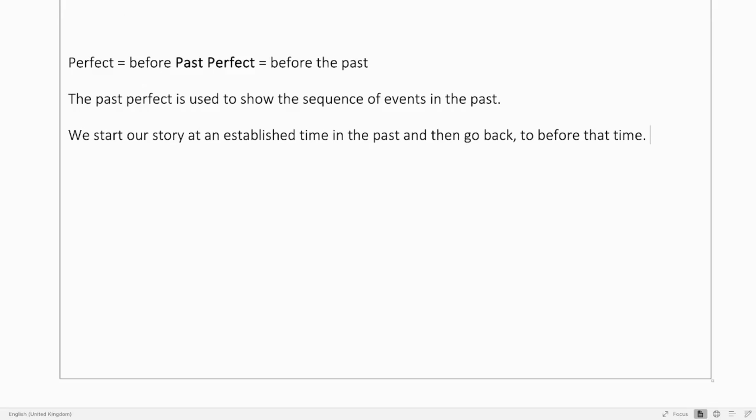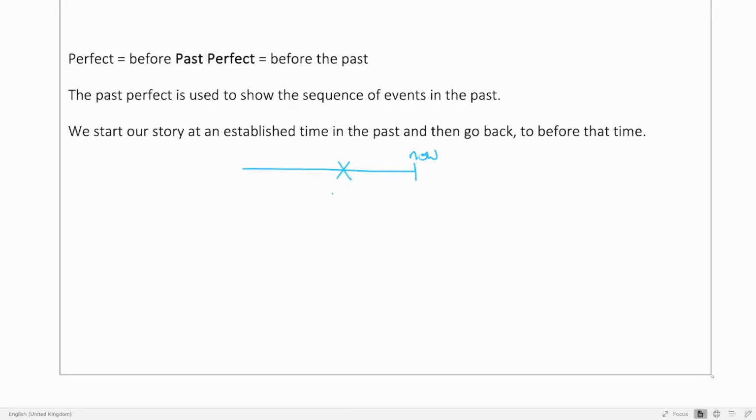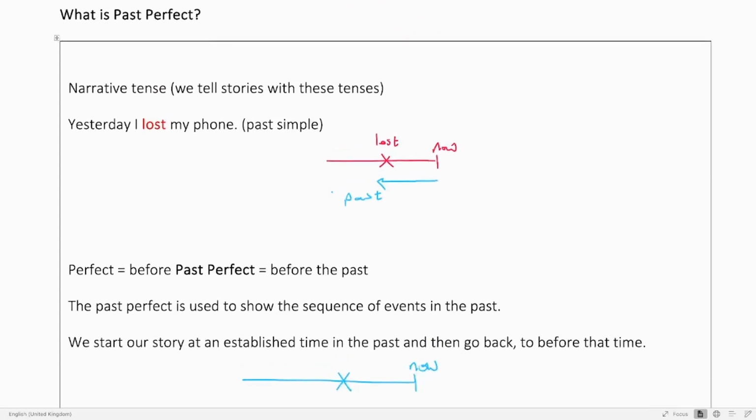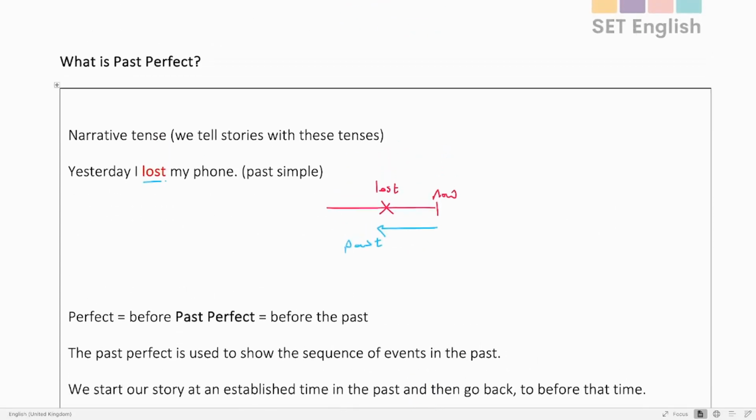All right, so if we did a little drawing, okay, imagine here's our timeline. Remember, this is now, and everything is referring to here, to the past. Okay, everything is about the past. Now, just imagine I start my story here. Okay, and let's say that was yesterday. Okay, what did I do yesterday? Let's remember, I lost my phone.